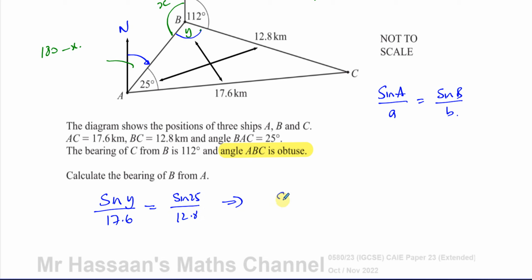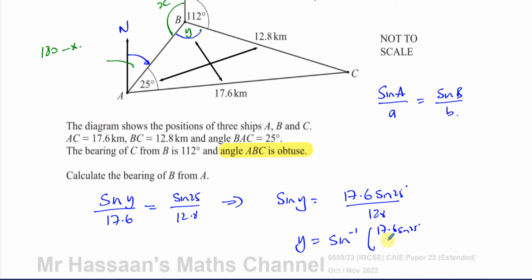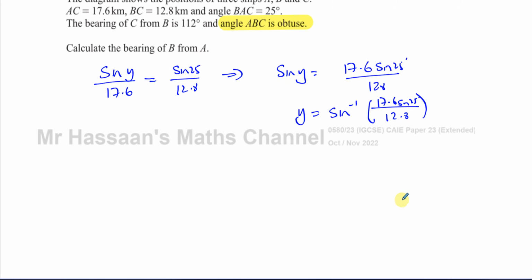So from here, we can say the sine of Y is equal to, multiplying both sides by 17.6, 17.6 times sine 25 over 12.8. So now we can put this in our calculator and find what Y is. Y is going to be the inverse sine of all of this. I'll just write it like that for now to make it clear. You don't have to write it as a decimal. You can leave it like that, and then you can write your answer down.